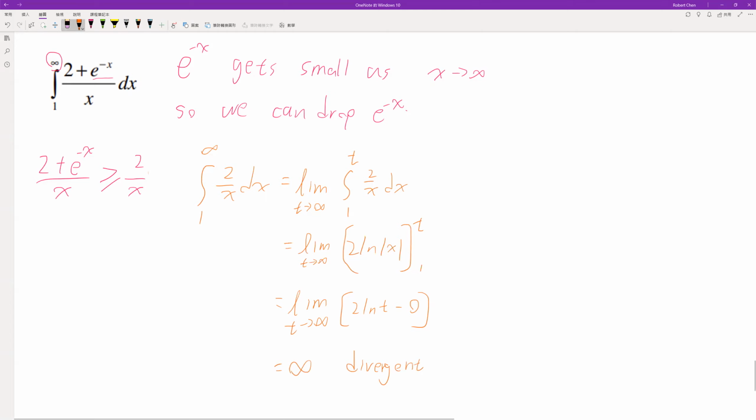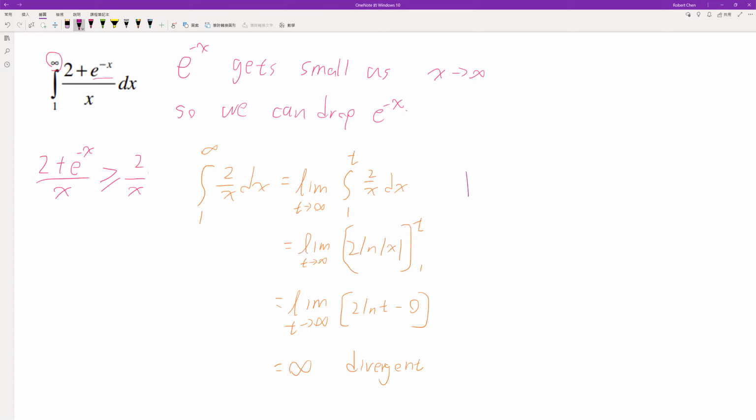All right. So here we are in the second case, right? So our original function, 2 plus e to the negative x over x, is larger than the function 2 over x, or larger than the function that has infinite area under the curve. So the larger function will also have infinite area under the curve, right?